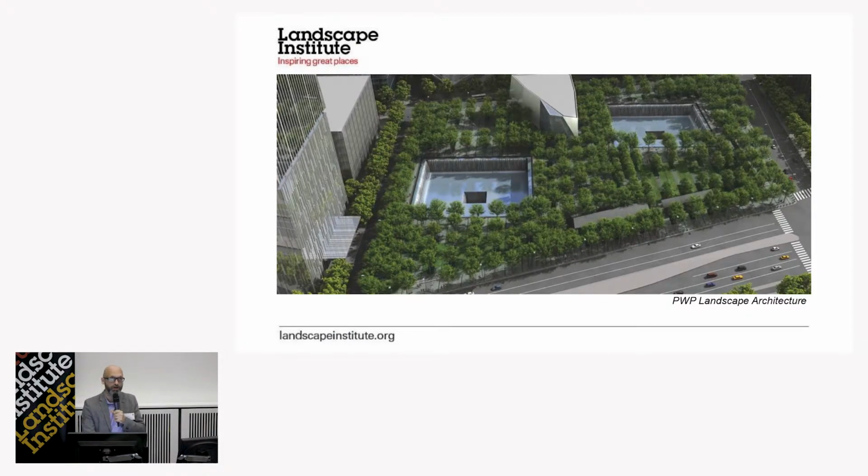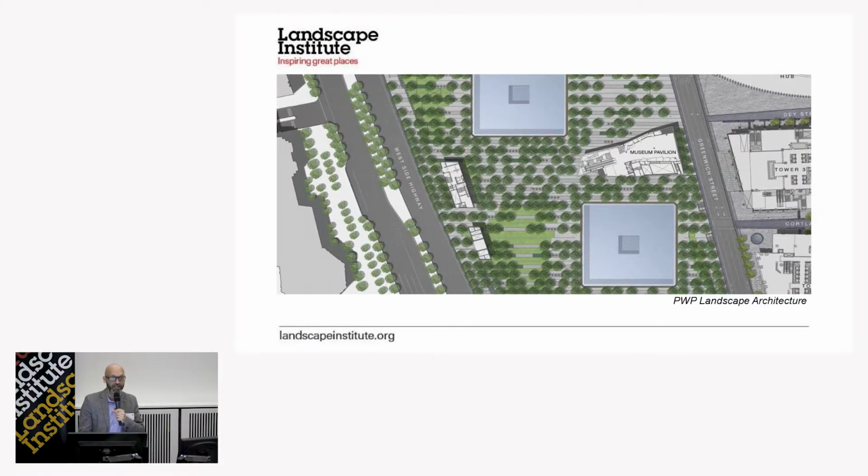And again, to reiterate the point, this might, maybe 10 years ago, have been simply a visualization model that was created separately from the documentation drawings. But you probably recognize this site as being Ground Zero here by Peter Walker Partnership. That is a BIM model.